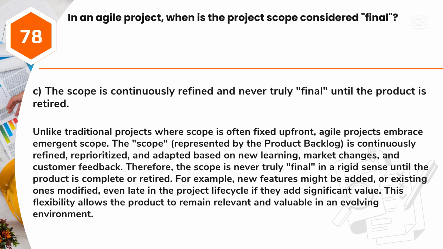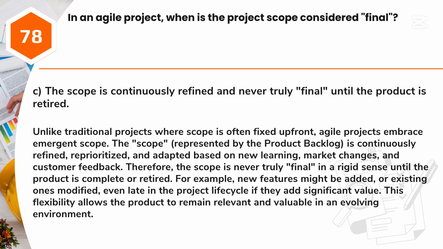Answer: C. The scope is continuously refined and never truly final until the product is retired. Unlike traditional projects where scope is often fixed up front, Agile projects embrace emergent scope. The scope, represented by the product backlog, is continuously refined, reprioritized, and adapted based on new learning, market changes, and customer feedback.